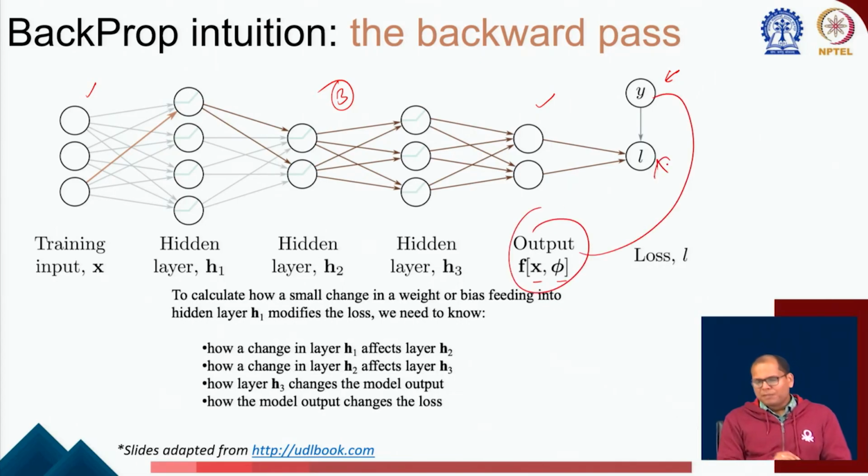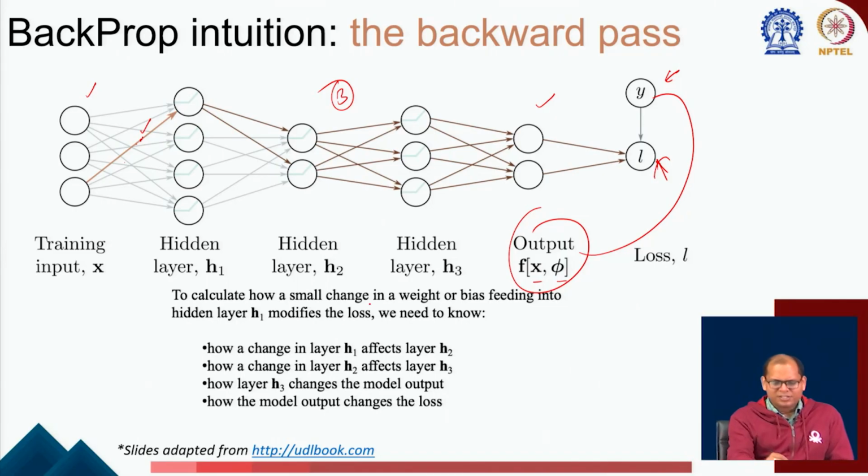But my task is to compute the derivative of the loss with respect to each of the parameters. What does that mean? Let us take this parameter. Computing the derivative of the loss with respect to this parameter means I want to say how a small change in this particular weight would impact my loss.